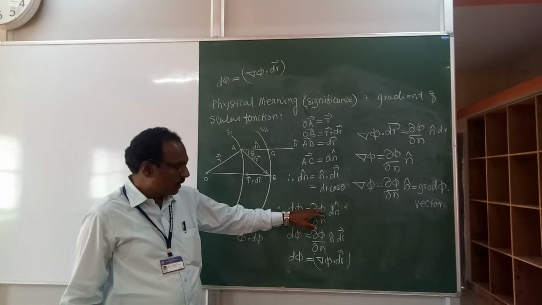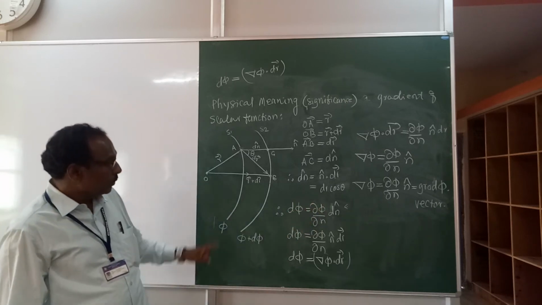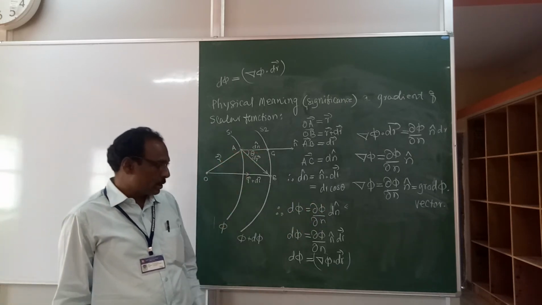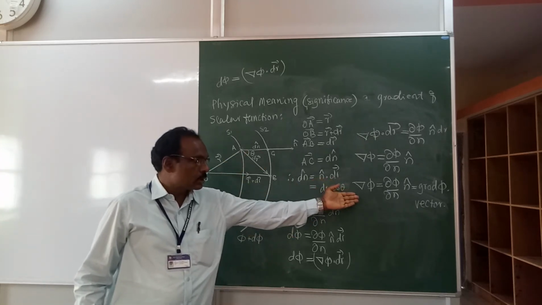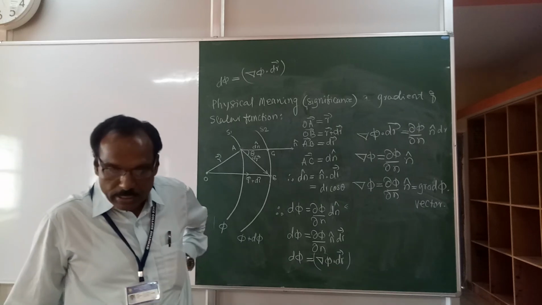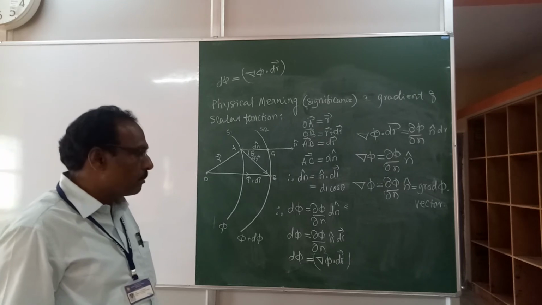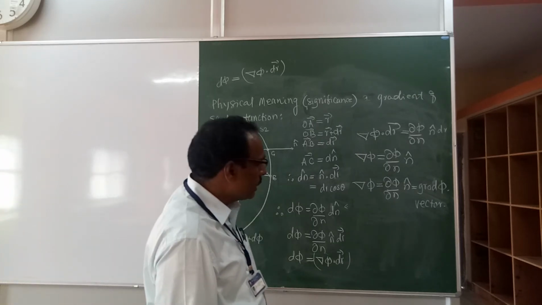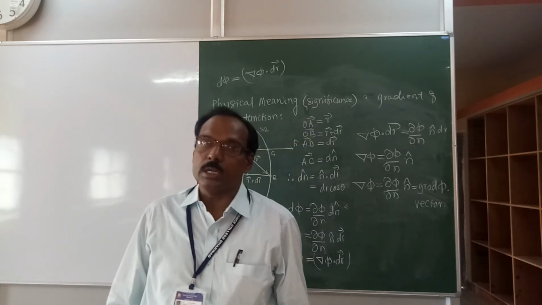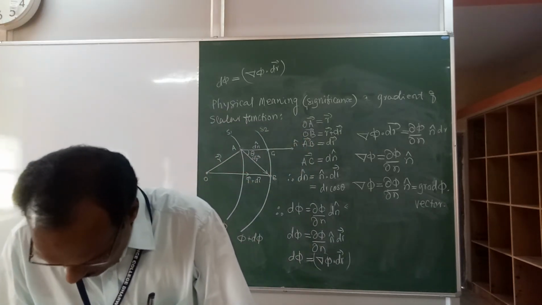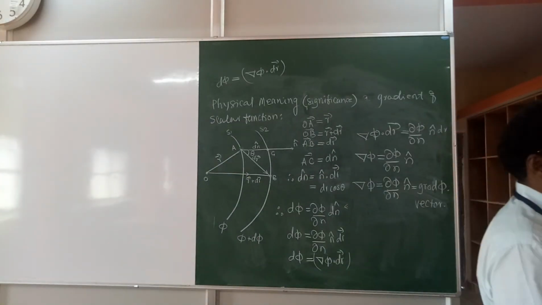So d phi, we got the maximum rate of increase of the scalar function, which is along the least distance. From the earlier definition we got this, and this is how the gradient of a scalar function, whose magnitude is the maximum rate of increase of a scalar function and the direction is normal to the level surface. This is about gradient of a scalar.